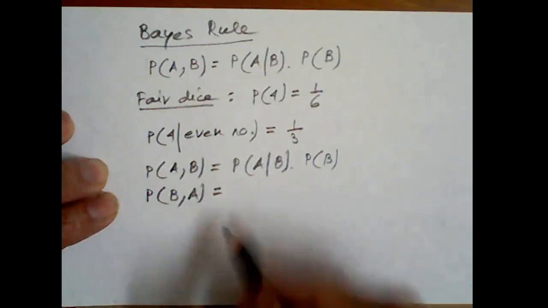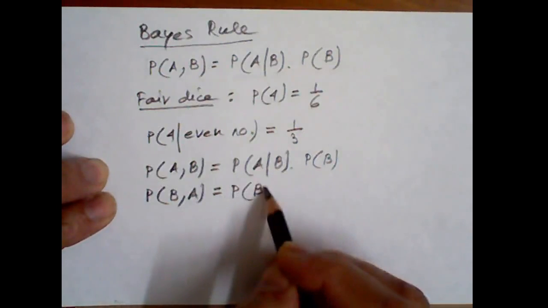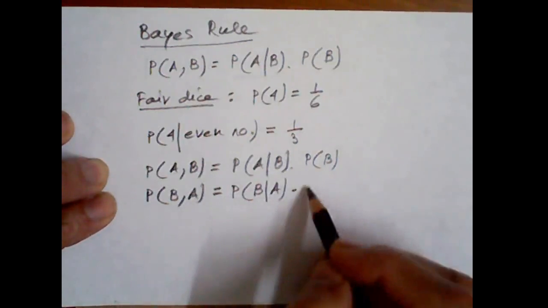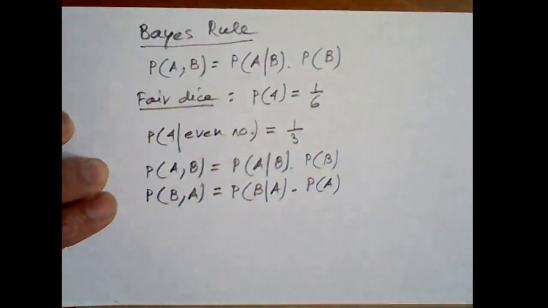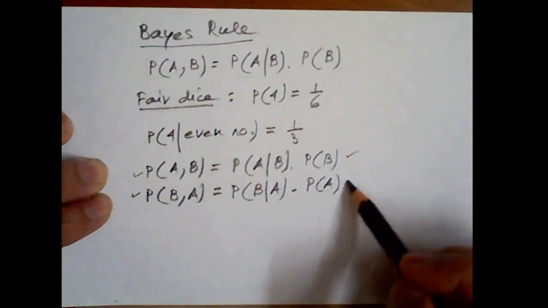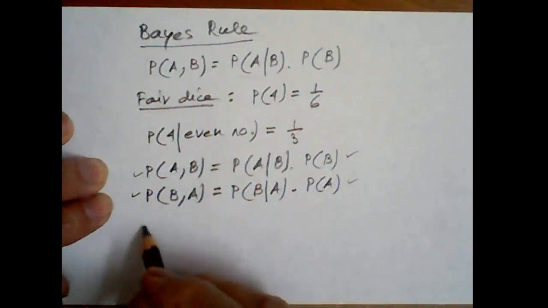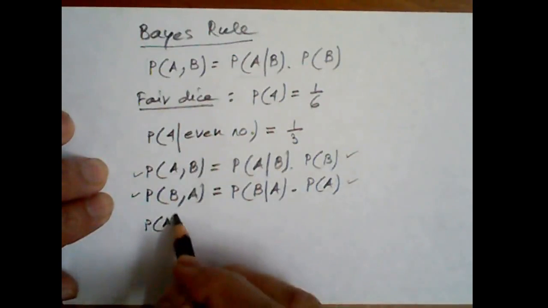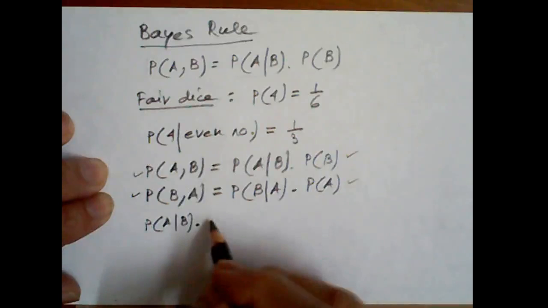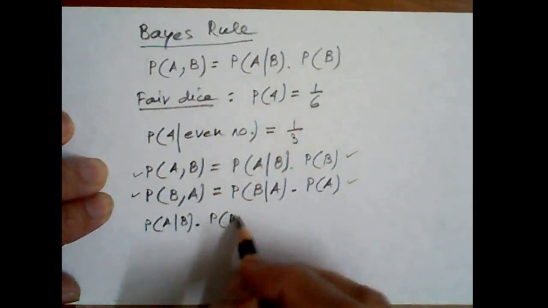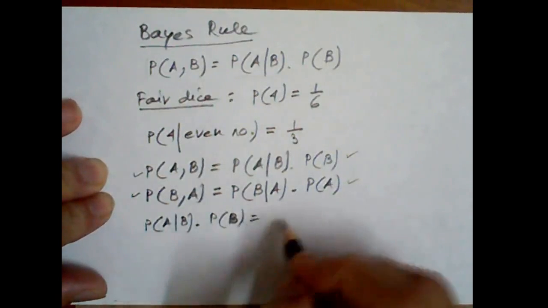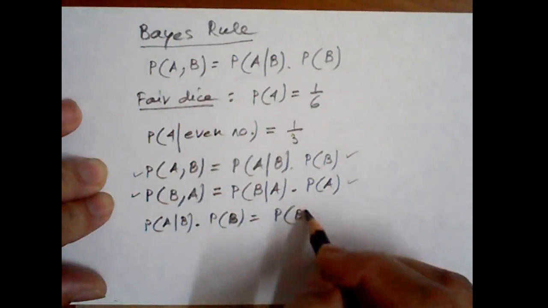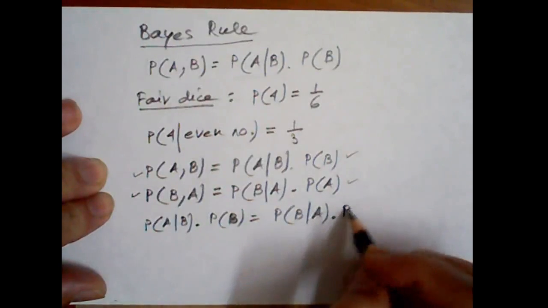But then this can be written as probability of B given A times probability of A. So now if this and this are equal, so are this and this, which means I can write probability of A given B times probability of B is equal to probability of B given A times probability of A.